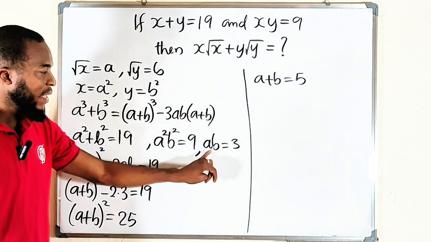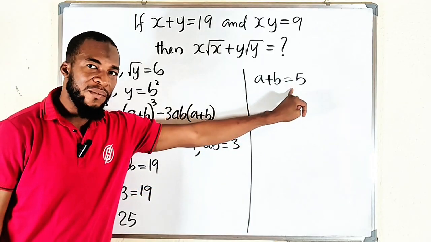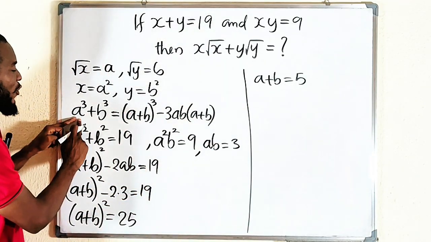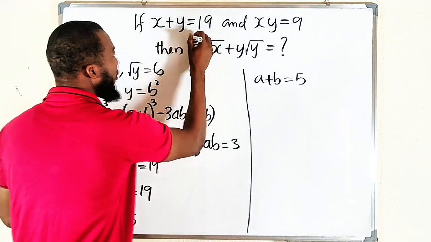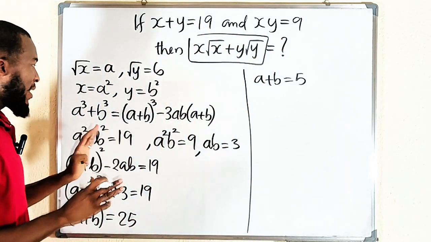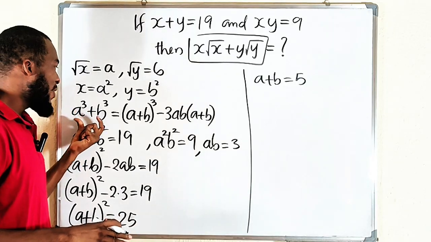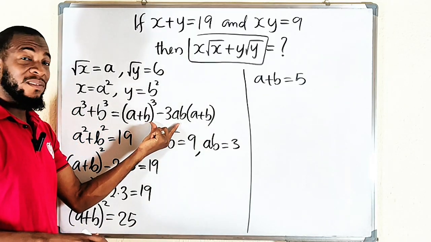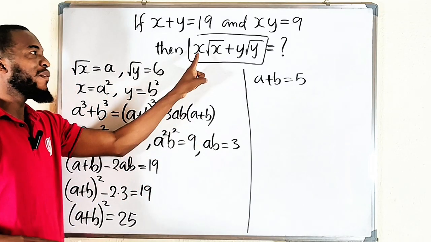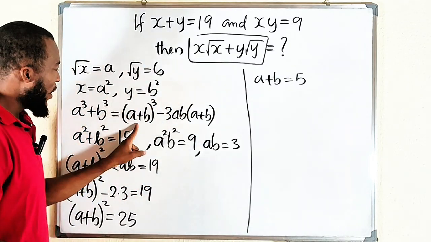Now we have ab and we have a plus b. And remember, I told you that a cubed plus b cubed is equivalent to the expression we are looking for. They are equivalent, and we have learned that a cubed plus b cubed is the same thing as this. So if we find the value of this, it will be equivalent to the value of the expression.